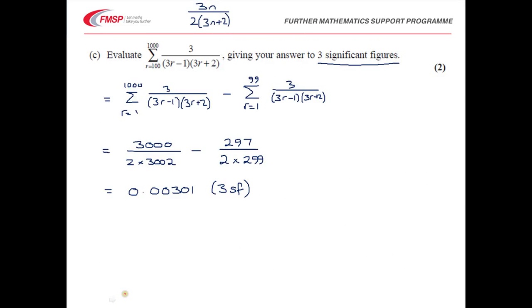And for the last part, there is a method mark for noting that the second sum is to 99 and attempting to substitute. And a final accuracy mark for getting the right answer.